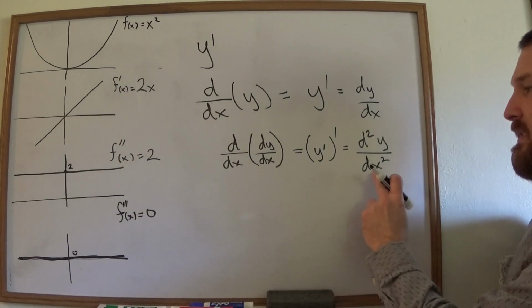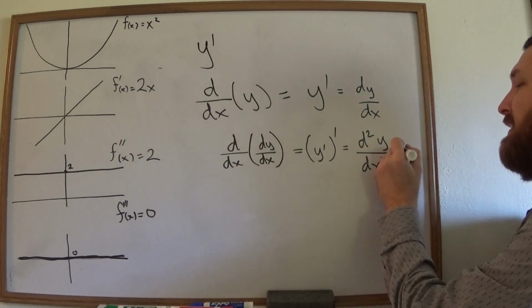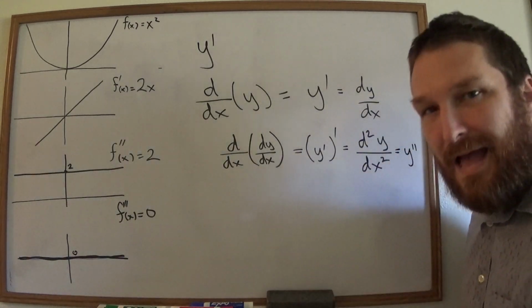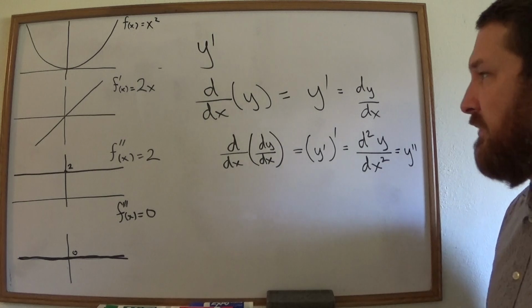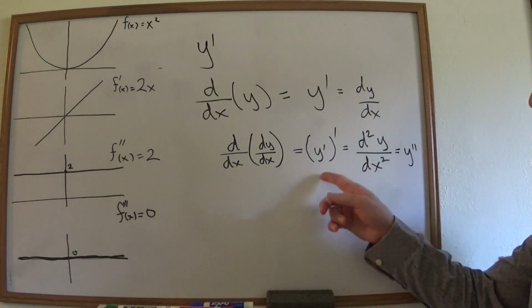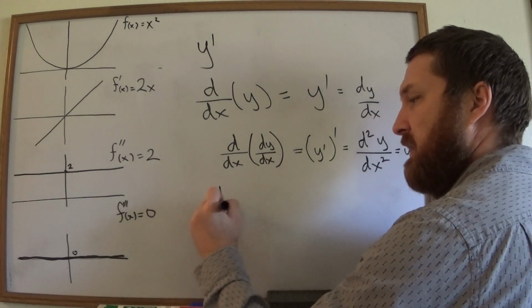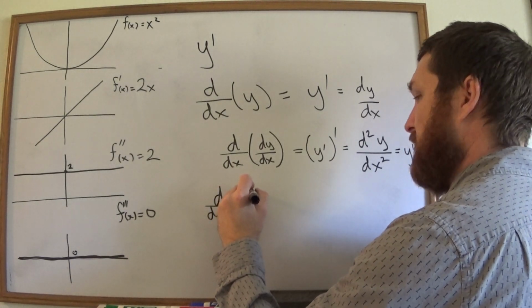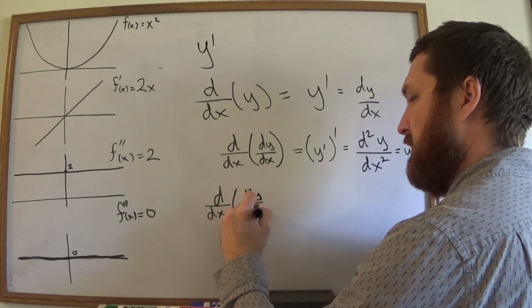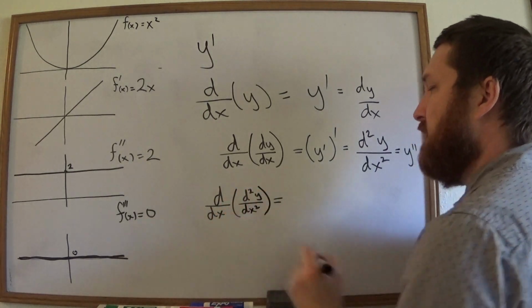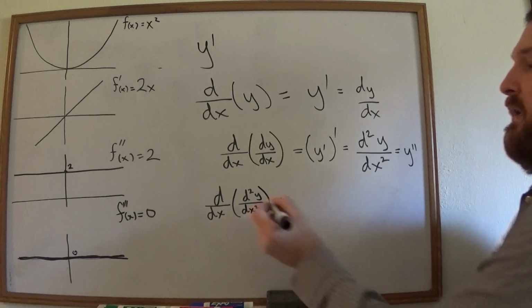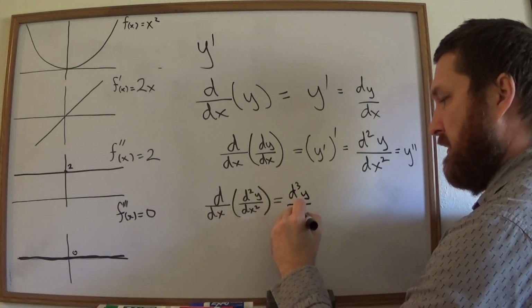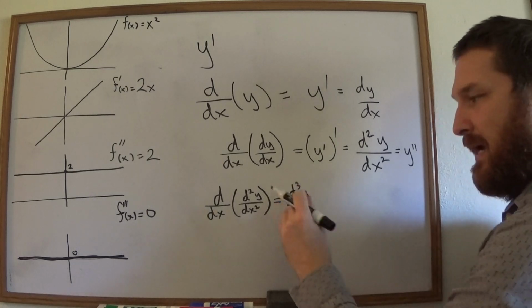Okay, and then you could take the derivative of that, and that, by the way, is the same thing as the second derivative of y, or f, whatever the name of your function is. But this continues on, and you could take the derivative of d squared y dx squared, and can you guess how you'd write that? Yeah, it would be d cubed y dx cubed, and so on.